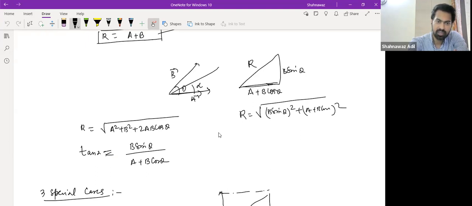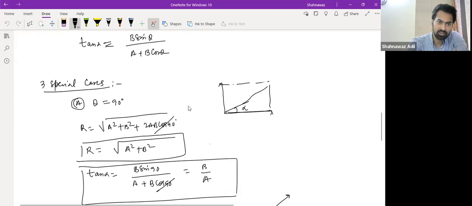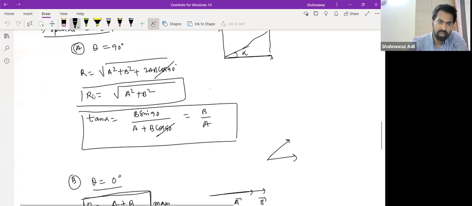Yeah, and then you have these three special cases. When A and B vectors are at 90 degrees, your magnitude is simply the square root of A square plus B square, and the angle is simply tan inverse of B by A. This is for theta equals 90 degrees.